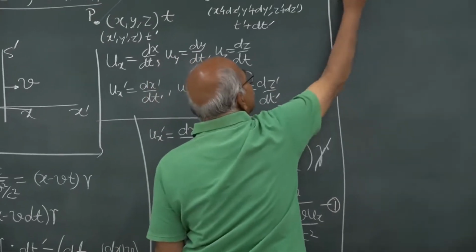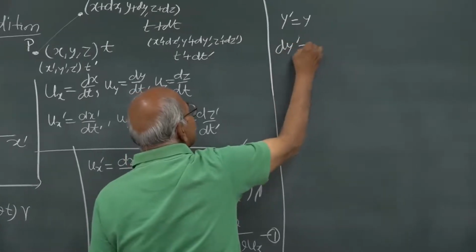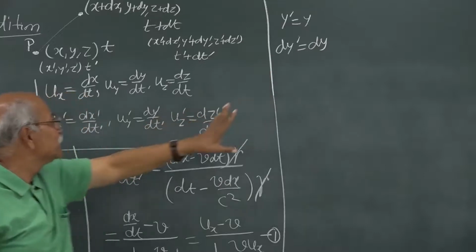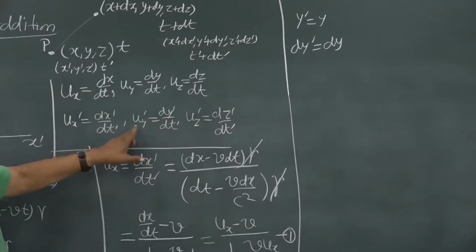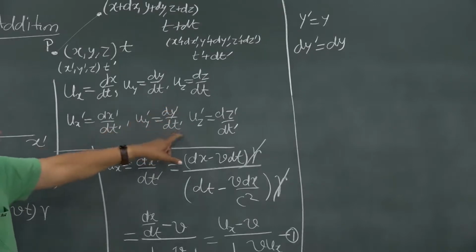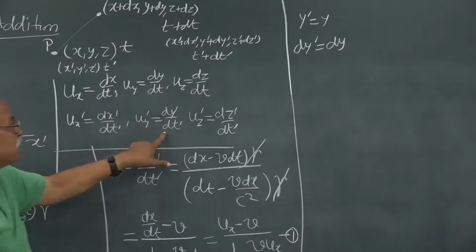So y prime is equal to y, and therefore dy prime is equal to dy, but uy prime is not equal to uy, because uy prime is dy prime by dt prime.